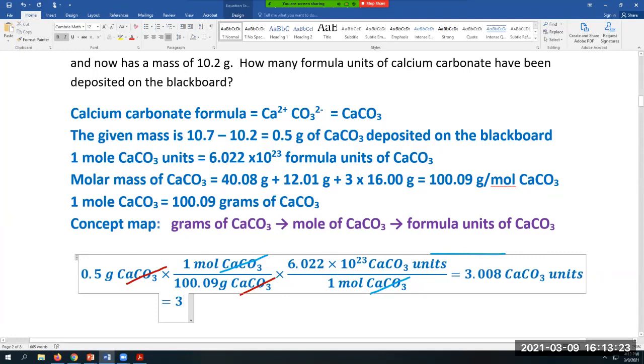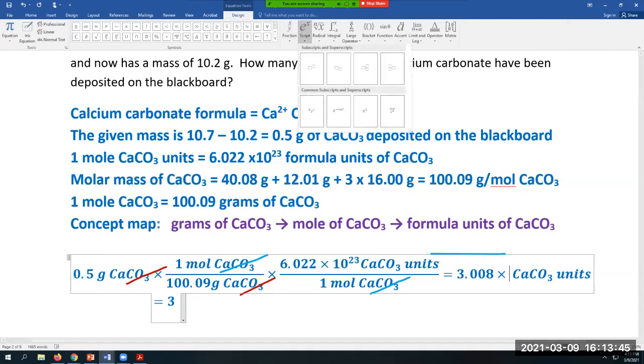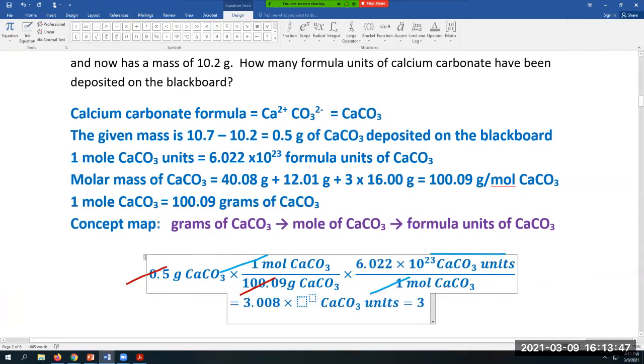Wait, I'm sorry. That's not possible, what I wrote there. So I forgot the times, and you see how it is easy to forget. So I forgot the times 10 to the, my calculator is showing an exponent of 21.